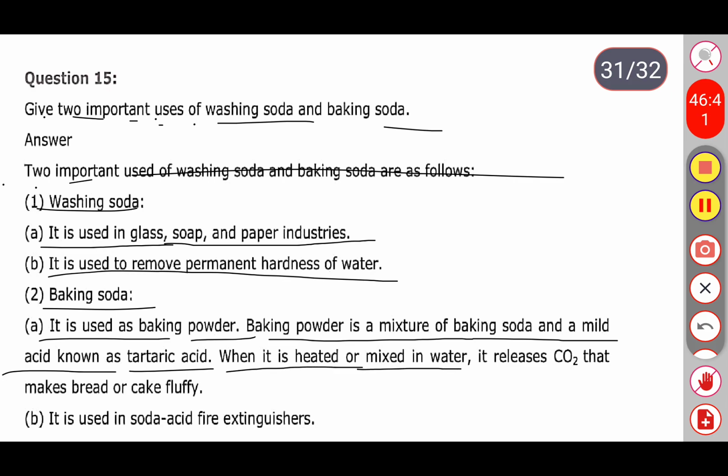And the second use is that it is used in soda-acid fire extinguishers.